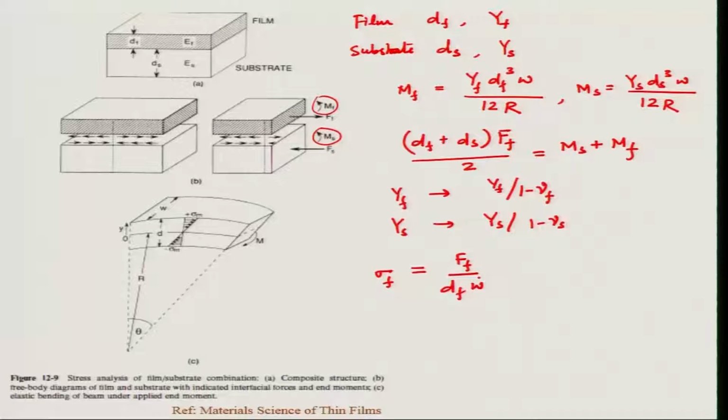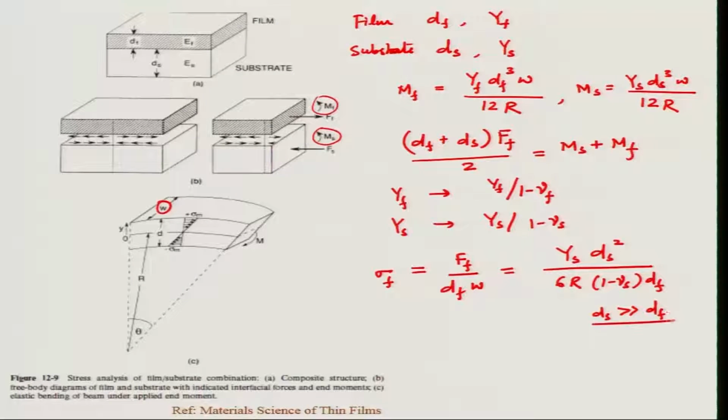W is the width of the film, and this will be Ys ds squared divided by 6R (1 minus nu s) df, and this expression is valid for ds much larger than df, where the substrate thickness is much larger than the film thickness.